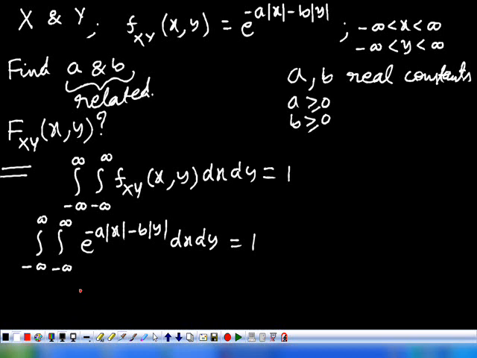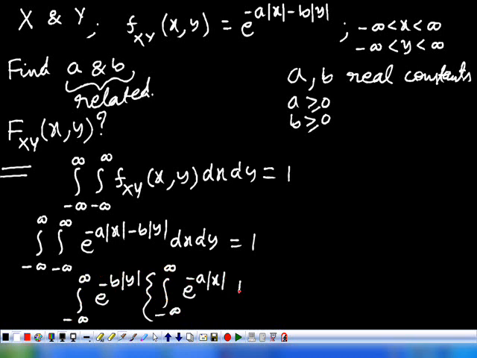Now this can be written as the integral from minus infinity to plus infinity of e power minus b mod y, and the integral from minus infinity to plus infinity of e power minus a mod x dx dy. Is it right?